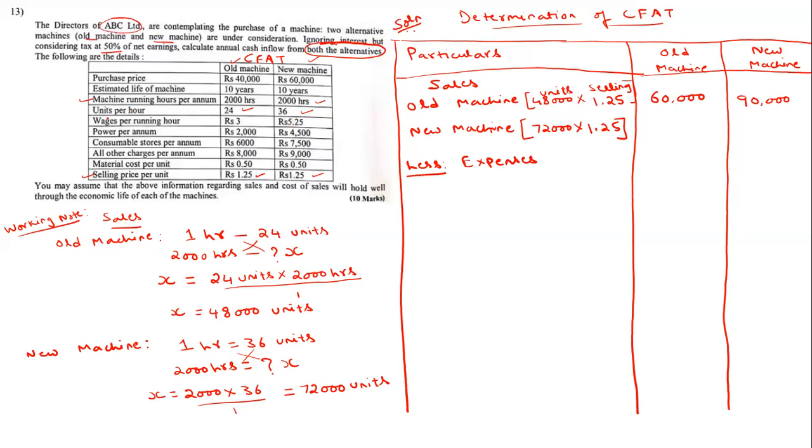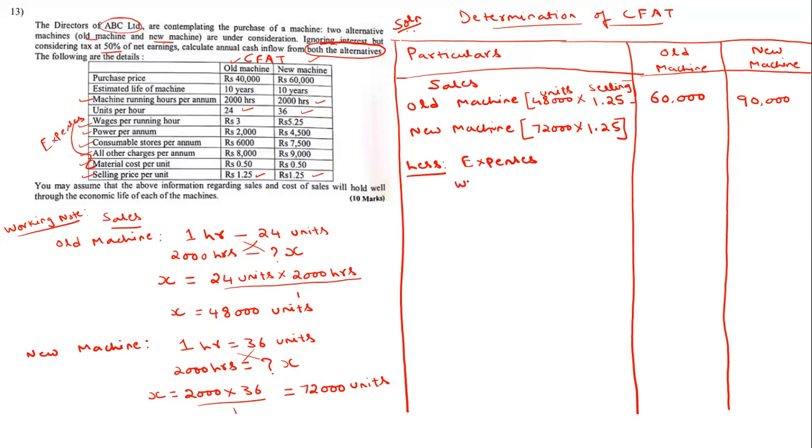We have expenses related to wages, power, consumable stores, all other charges, material cost. Now, these are all called expenses. We need to deduct all these expenses so that we can get profits before depreciation and tax. Therefore, now let us proceed.